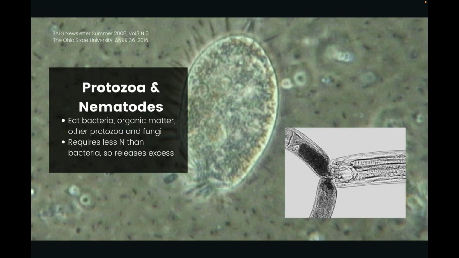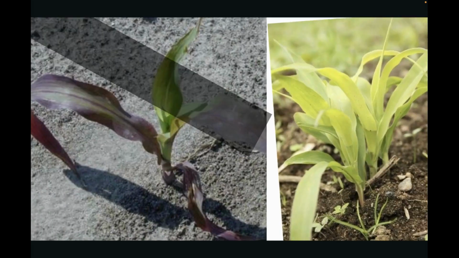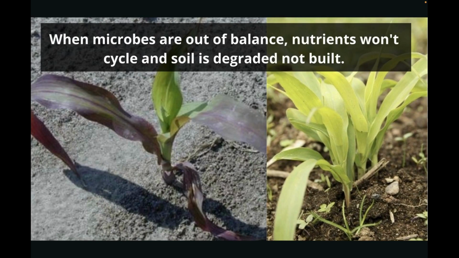So when you think about that, bacteria requires nitrogen. Protozoa and nematodes require nitrogen, but anything that they don't require that is in the soil, they're still going to consume it, but then they're going to release it in a more usable source for that plant. So although bacteria does the conversion, protozoa and nematodes may do a better conversion. It depends on the plant type, depends on the soil type, and what your environment is, but they are definitely required in the soil food web.